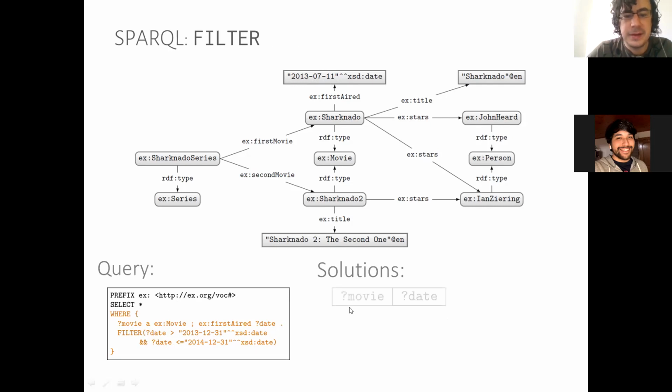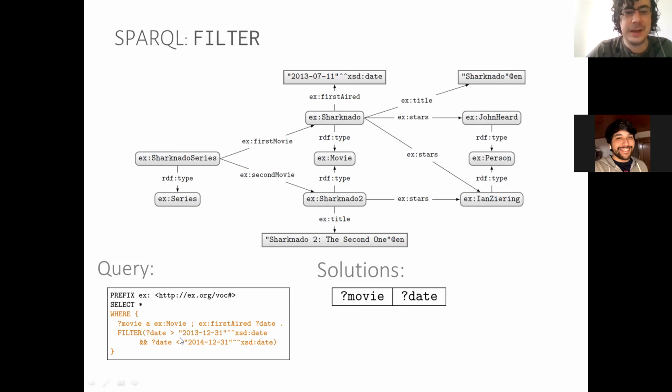So in terms of solutions, we get nothing, okay? Why do we get nothing? We see that actually there are no movies that were first aired in 2014. So we filter all the solutions and we see that the overall solutions are empty. Initially we have this solution here, but then the filter gets rid of it because it is not satisfying the condition.